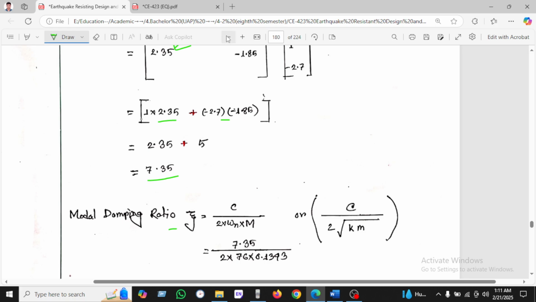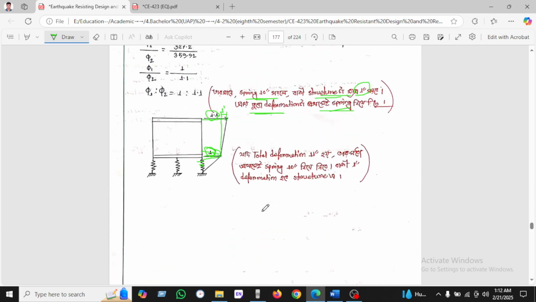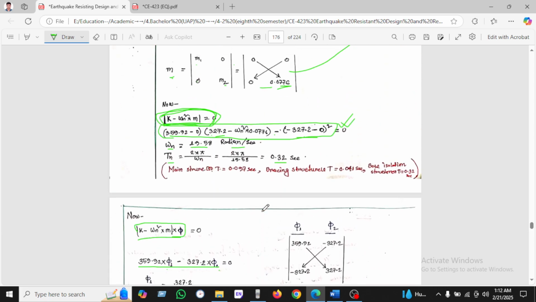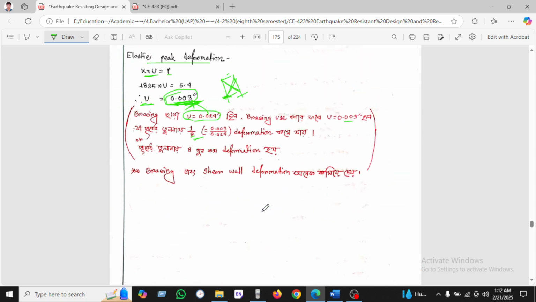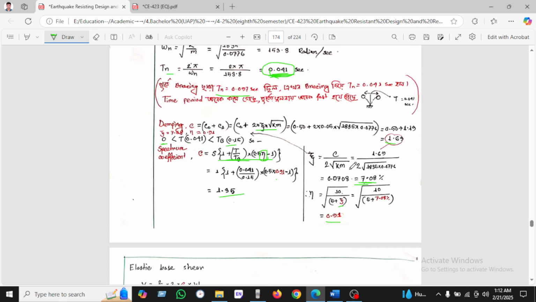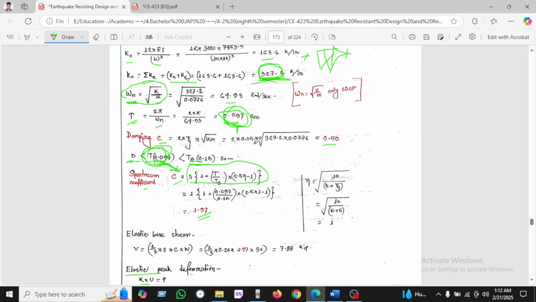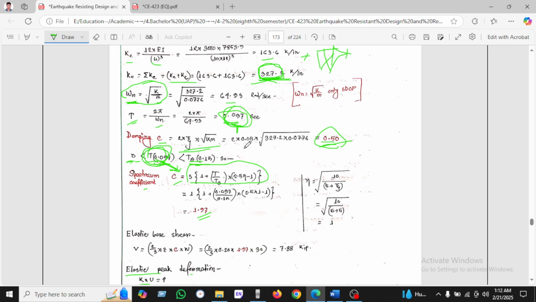If we go to the previous example, we saw the damping ratio was 5%, where the value of psi is 0.05.